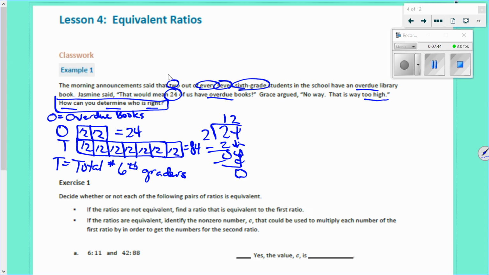Sean just did a great job explaining that the 2 gave us the 12 ratio constant, which meant there were 84 total students. You're both caught on the fact that Jasmine gave us this information.